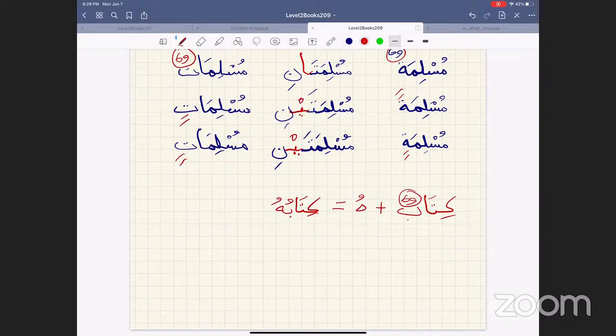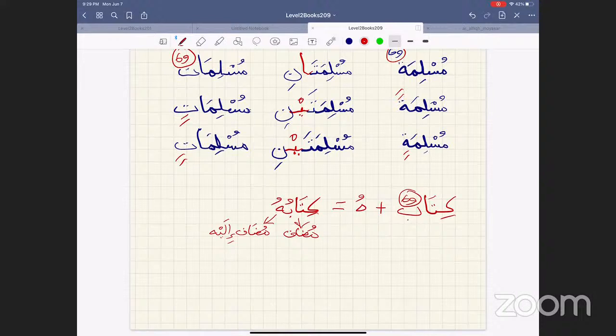If you remember when we did attached pronouns in the sarf book: kitabuhu, his book. This is an idafa construction. This is mudaf, and the hu here is mudaf ilayhi. Now, what if we wanted to say his 2 books?